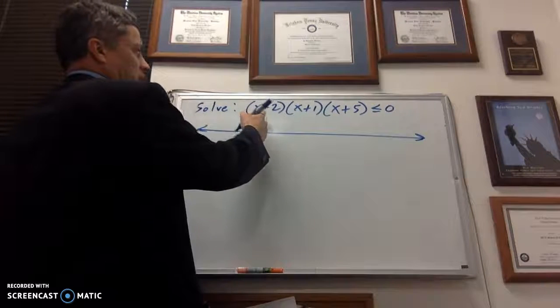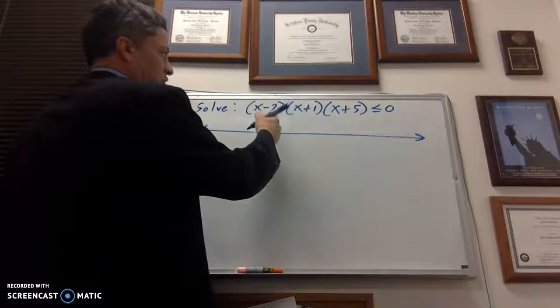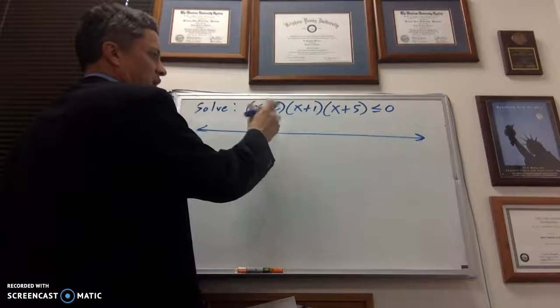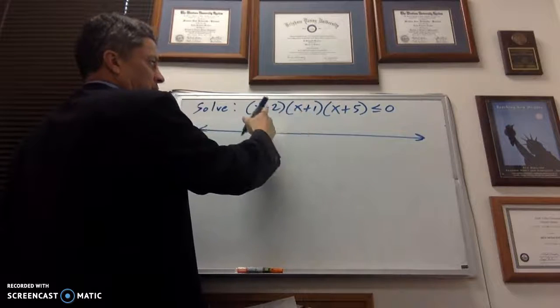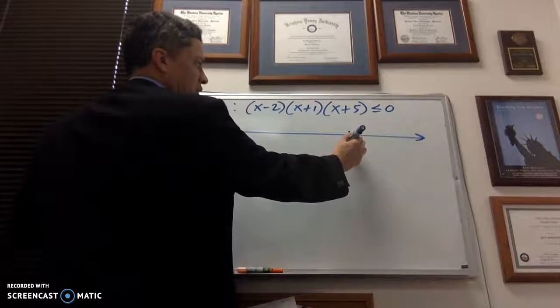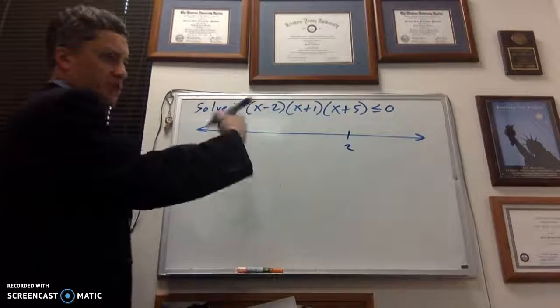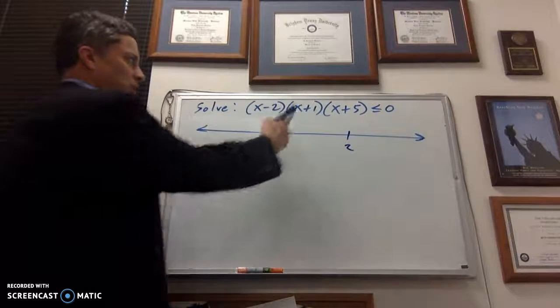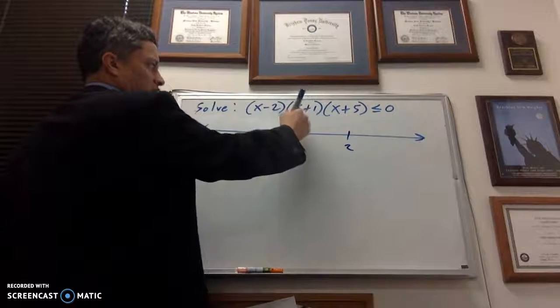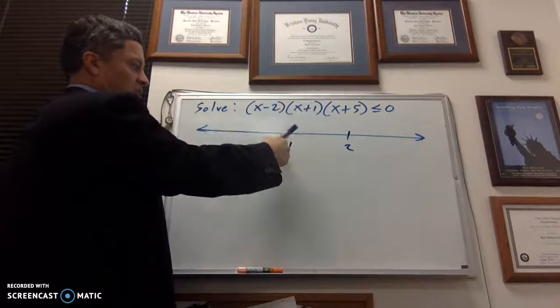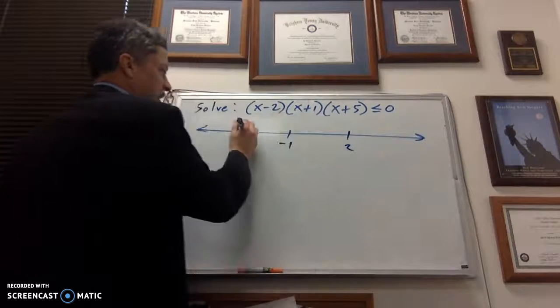If you've been watching parts 1 and 2, you saw that I used what I call tipping points. Basically, what makes these factors go to 0? That'll be 2: x minus 2 equals 0, solve for x, x equals 2. This would be negative 1: x plus 1 equals 0, so x equals negative 1. And this one would be at negative 5.